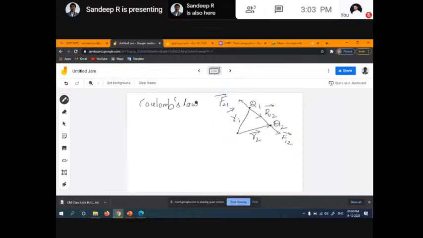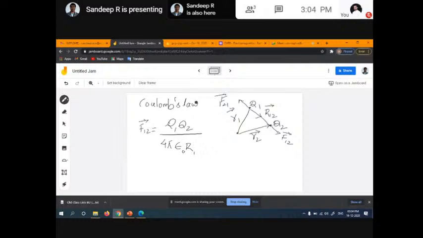So if I write the equation as per the Coulomb's law, it is F12, the force, which is equal to, it is directly proportional to the product of the point charges, which is nothing but Q1 and Q2, and inversely proportional to the square of the distance between them. So here we are trying to represent it by removing the proportionality constant. We would get 4 pi epsilon naught. So I'm removing those steps and I'm directly writing it. So it is 4 pi epsilon naught.